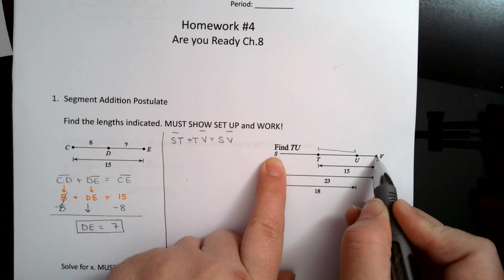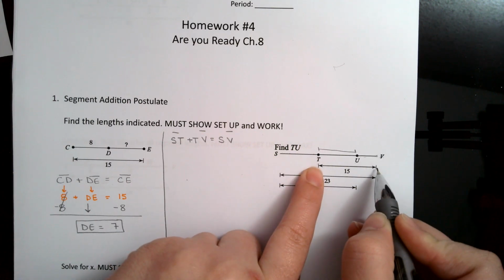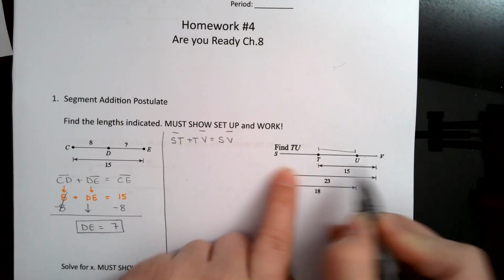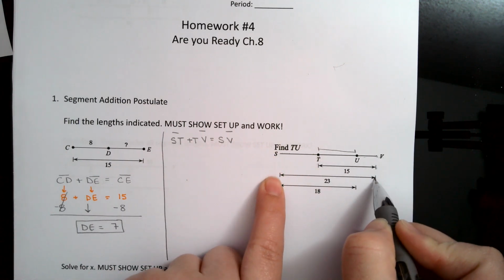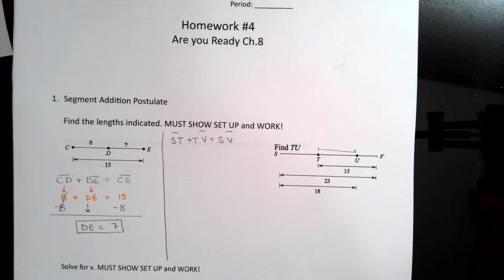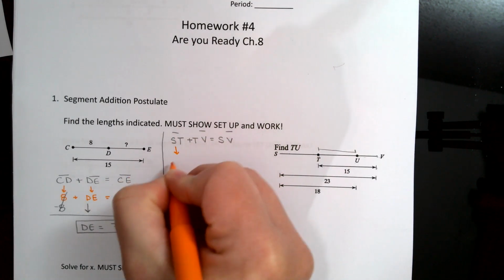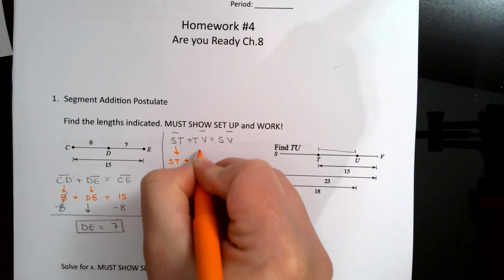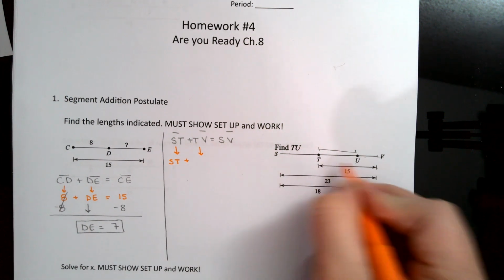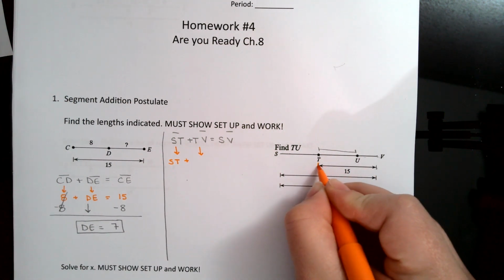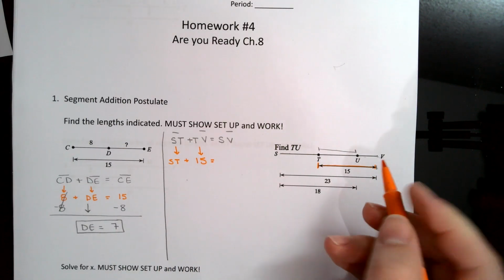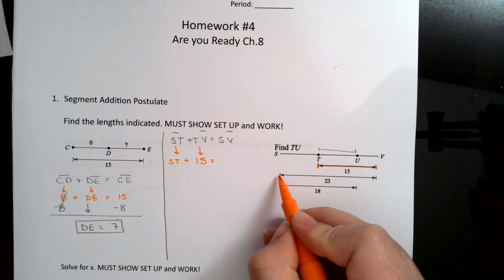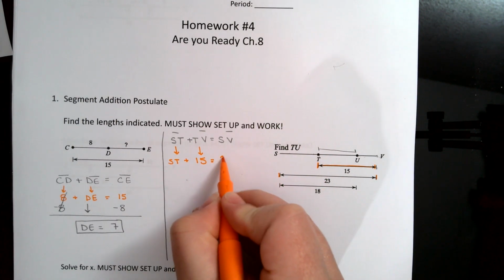The reason I chose this setup is because we know what TV is and what SV is, and we need to find ST. Let's do our plug-ins. ST is unknown. TV is 15. And SV is 23.